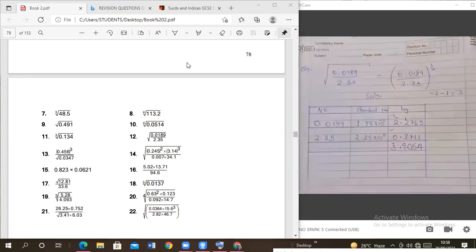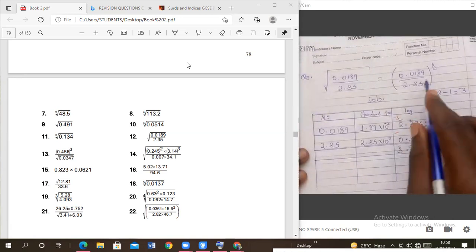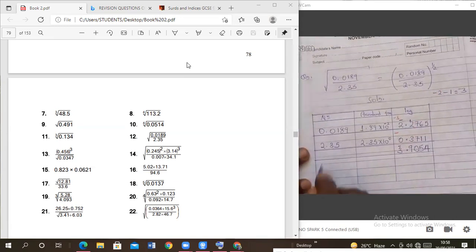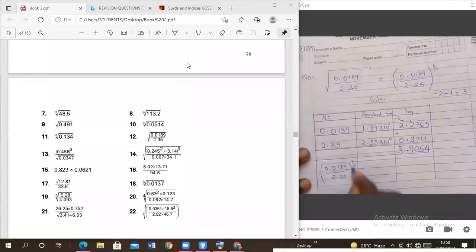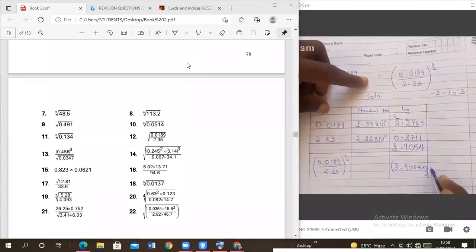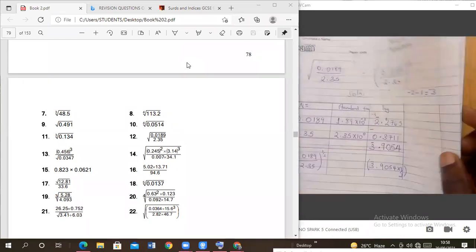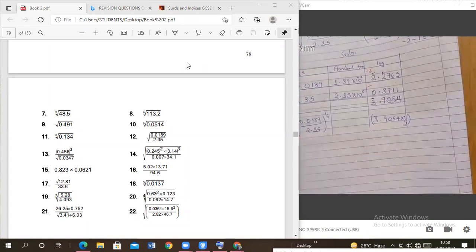So we have that. Now, to get 0.89 over 2.35 to the power half, we shall have 3 bar point 9054 times a half. Now remember here the power is a negative. It's a negative characteristic.